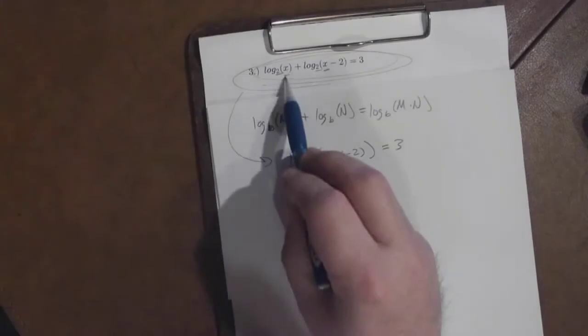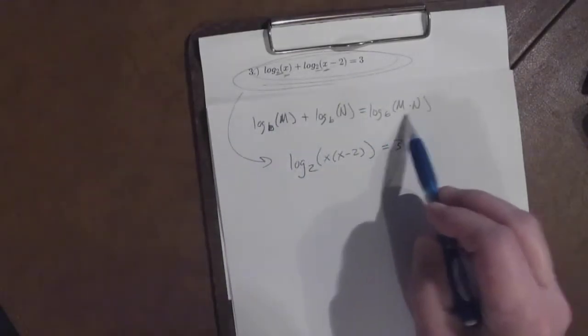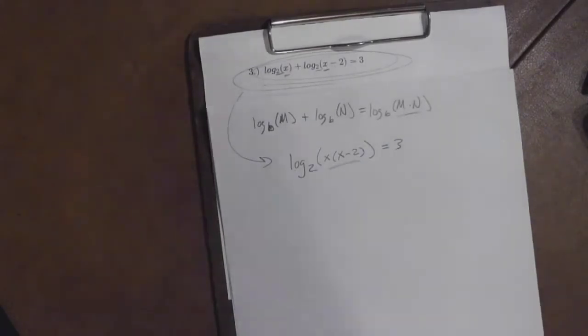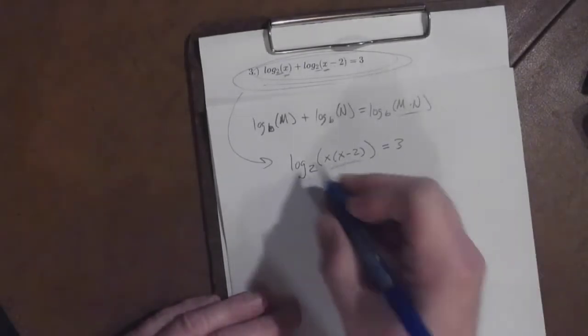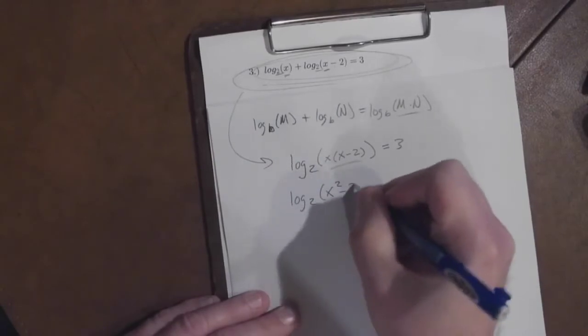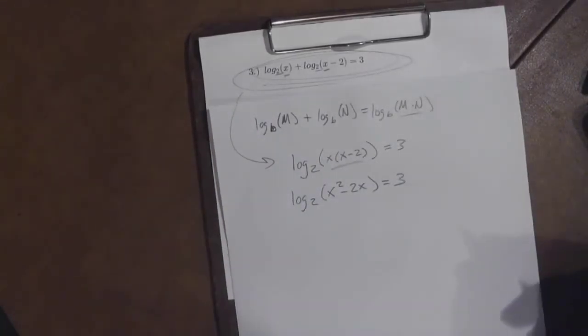I am going to want to take what represents m, take what represents n, and form m times n, this quantity down here inside this logarithm. If I do a little expansion, you will see this does turn into the log base 2 of x squared minus 2x. All that must equal the value of 3.